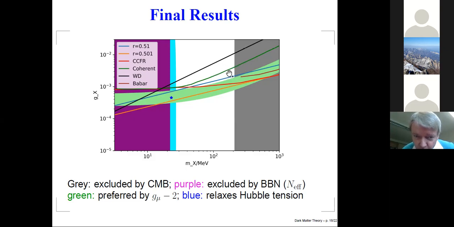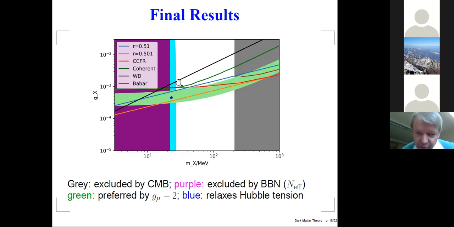Now here the other constraints: the green line is the one from the coherent neutrino scattering. So that's a bit weaker than the, where is it? The red line, which is the trident bound. Okay, that's a bit stronger here, although in this range they are really almost the same. The coherent bound becomes weaker at larger masses because it has an even smaller momentum exchange typically than these trident events.